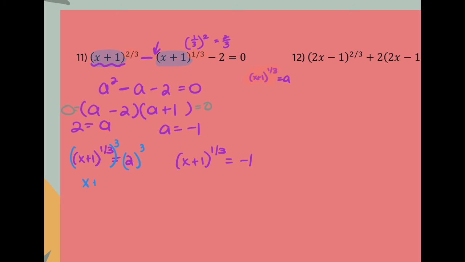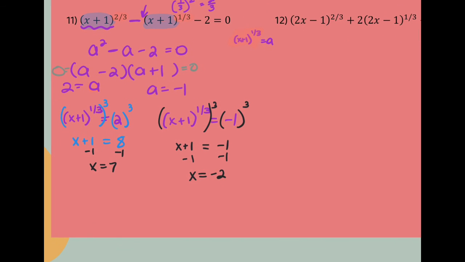And I'd get x plus 1 equals 2 to the 3rd, which is 8. Subtract the 1, and x equals 7. Raise both sides here to the 3rd. x plus 1 equals -1. Subtract the 1, and x equals -2. So I get -2 and +7.